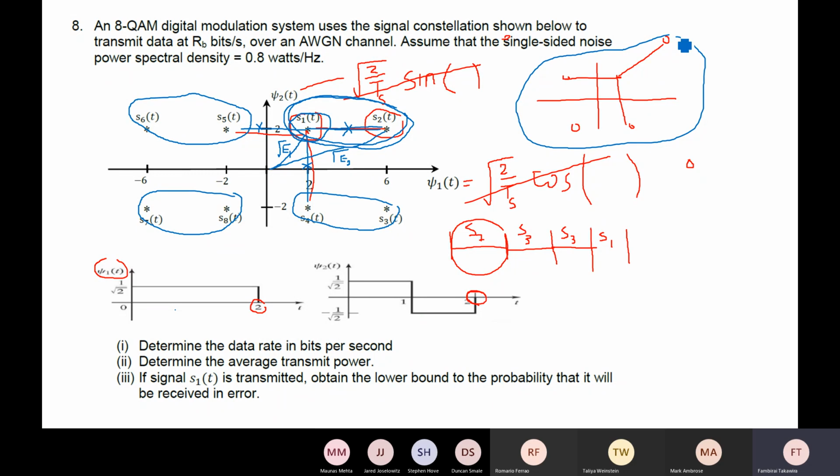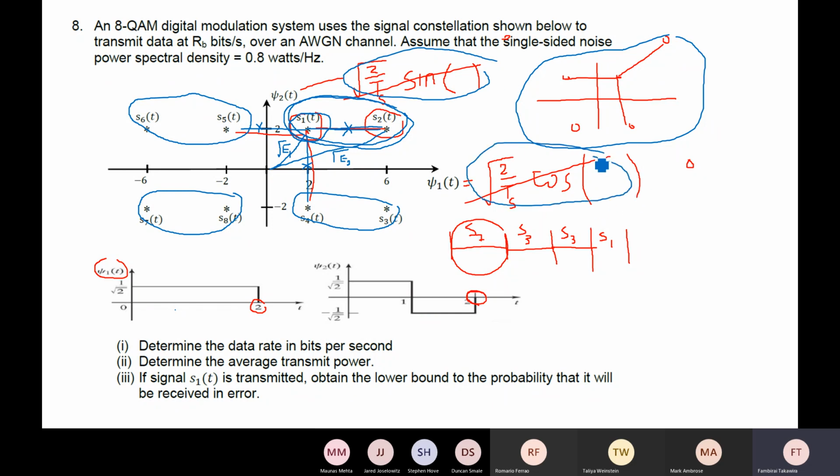Although in a practical modulation scheme, a QAM uses basis functions that are sine and cos. So if you are not given a basis function at all, and you are told that this is 8 QAM, then you would automatically assume that the basis functions are sine and cos.